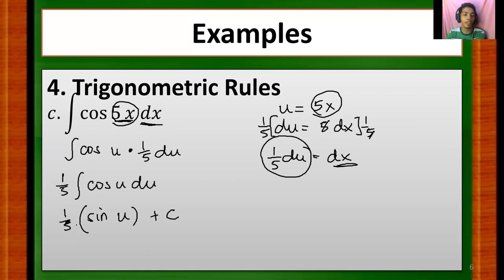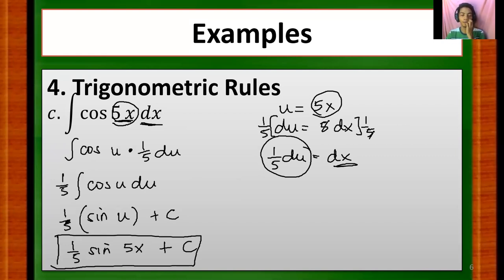So ang gagawin lang natin ay substitute lang natin yung value ng u which is 5x. So magkakaroon tayo ng 1/5 sine of 5x plus c. And this is our antiderivative. So therefore, the antiderivative of cosine 5x dx is equal to 1/5 sine of 5x plus c.